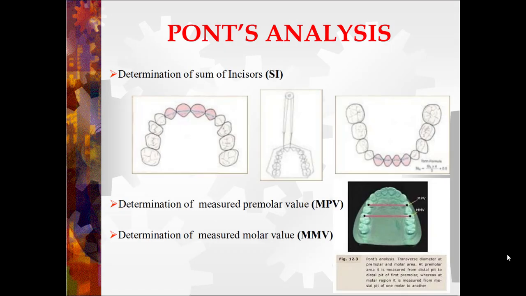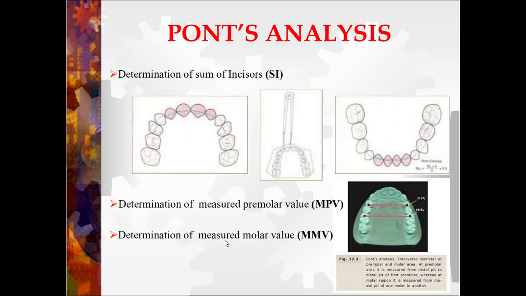Manual measurements are, determination of sum of incisors, that is, take mesiodistal widths of all the incisors and they are summed up. Then determination of measured premolar value. It is done from distal pit of first premolar to the distal pit of first premolar on the other side.